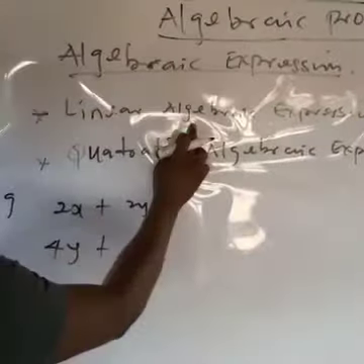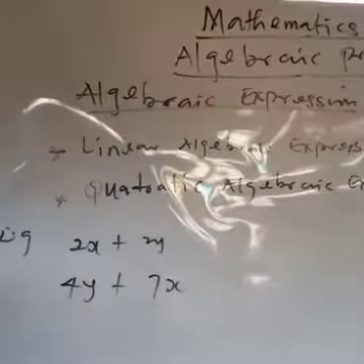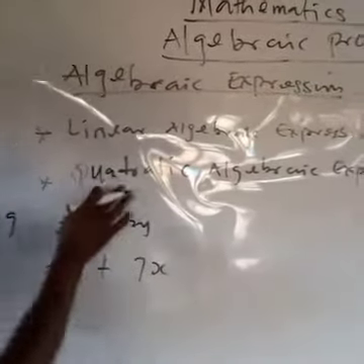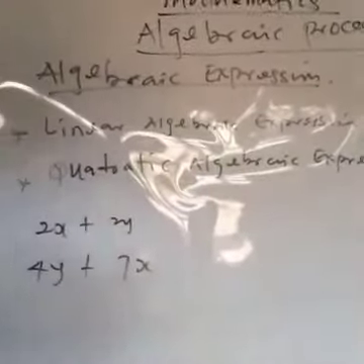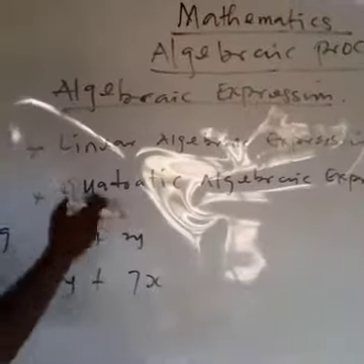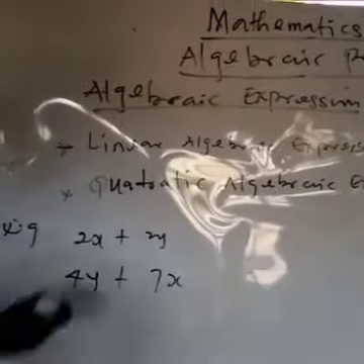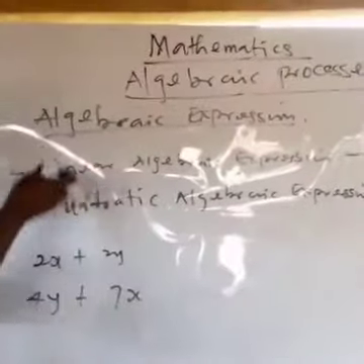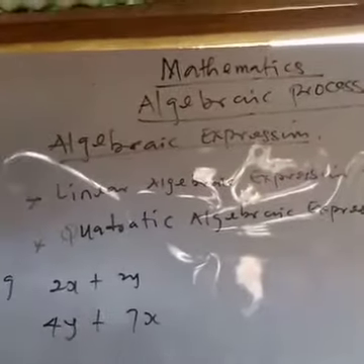linear algebraic expression. Now, the other one, which is a quadratic algebraic expression, going by the name quadratic. Quadratic means what? 2. So the highest power here is 2.